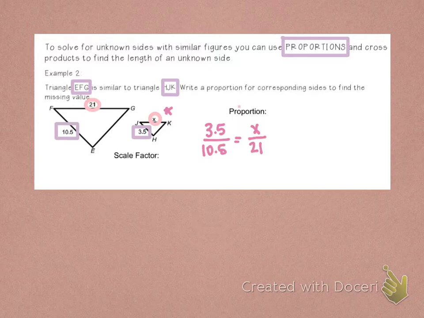So if we didn't write the proportion correctly, we wouldn't be able to find the value of x correctly. So here we cross multiply. So we have 10.5x equals 3.5 times 21.